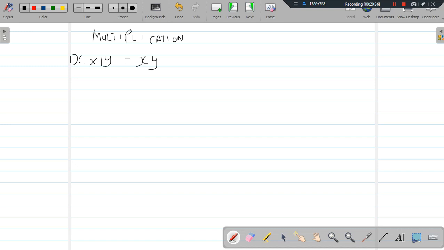Now let us also look at when they have two different coefficients and two different variables too. So this is the type 1 I was talking about, the type 2. Assuming this time I have 2x times, say, 3y. Now there is a general rule to this.